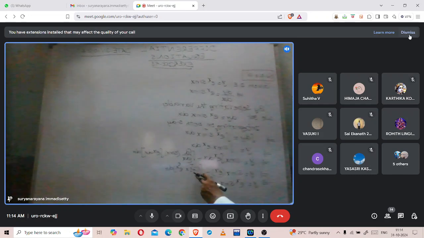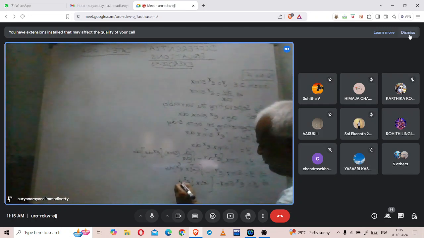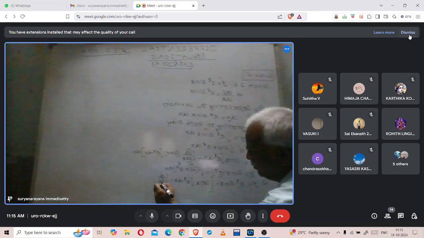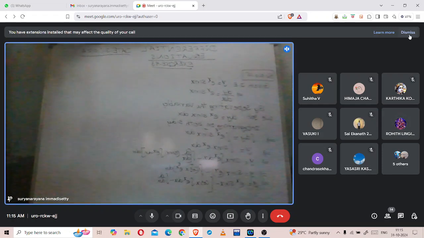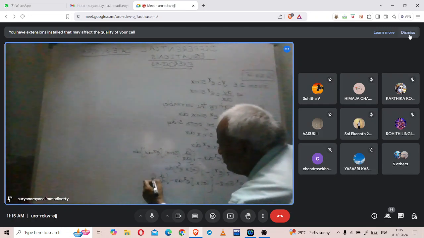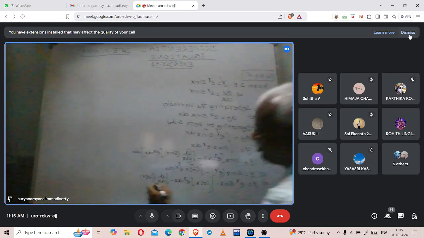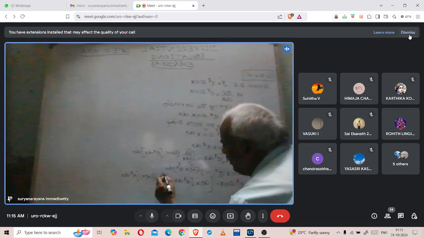So how do you get? First function cos x into integral e power x dx, minus integral of d by dx of cos x into integral e power x dx, whole dx.